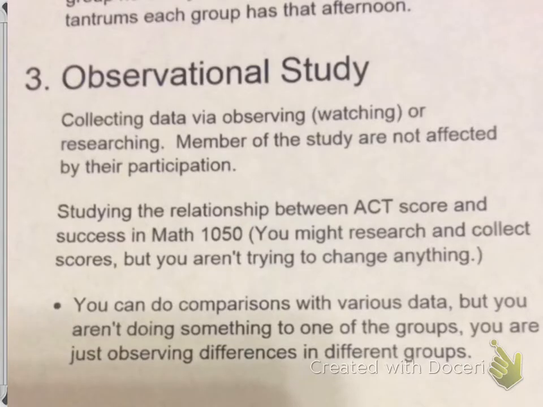All right, the third kind that we can do is called an observational study. An observational study is where you collect data by observing or watching things that are happening. Members of the study are not affected by their participation. For example, studying the relationship between ACT scores and success in Math 1050.